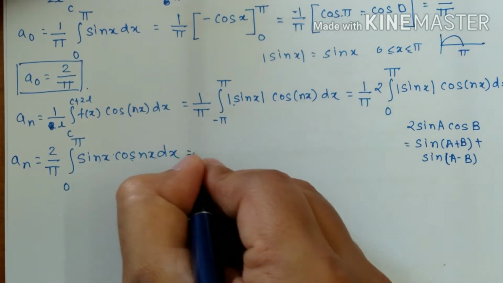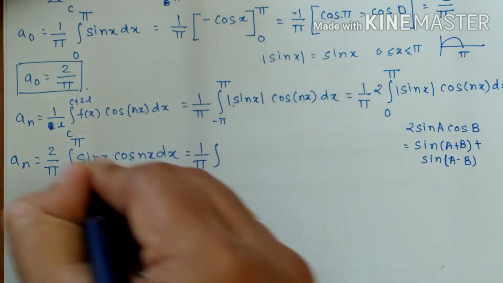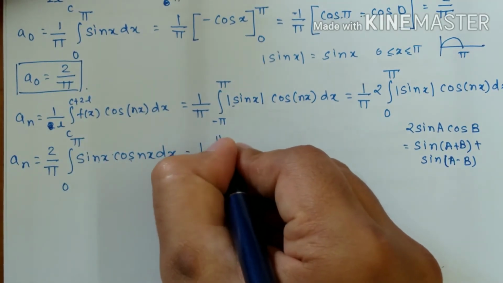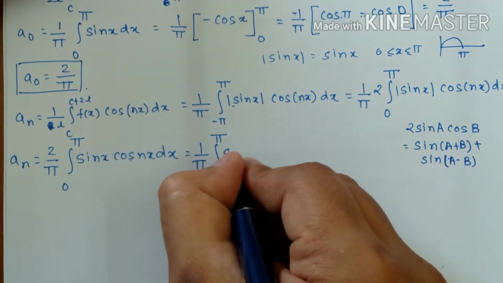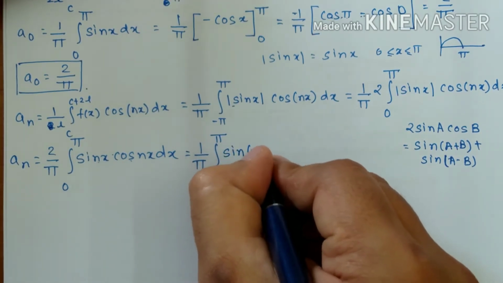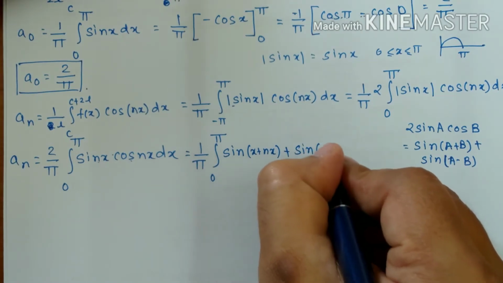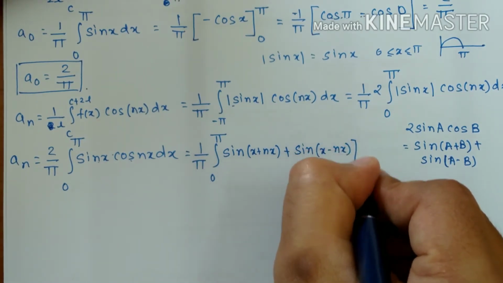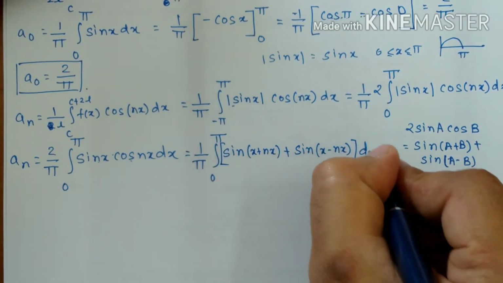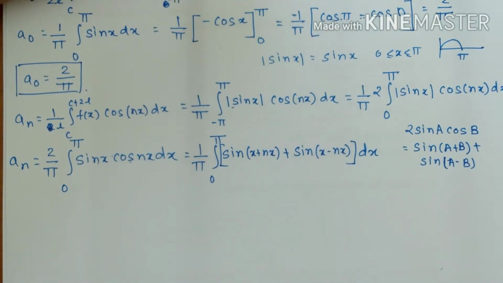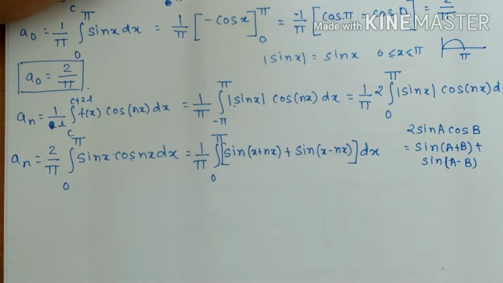Apply that property here. So we will have 1 upon pi outside, this 2 is coming inside. Hence we get 2 sin a cos b, that is sin of x plus nx plus sin of x minus nx dx. Is this okay? Fine.